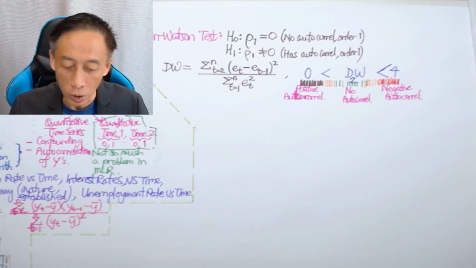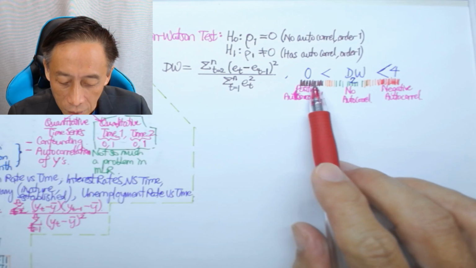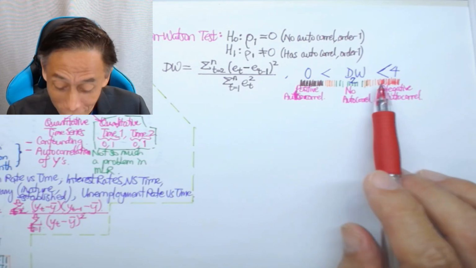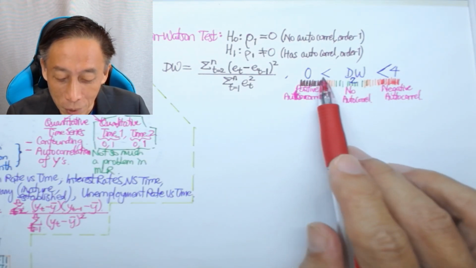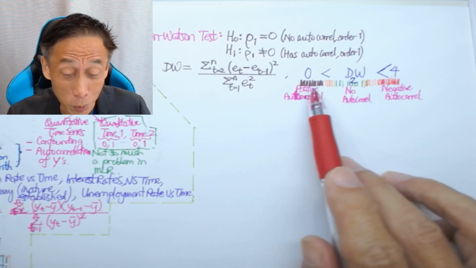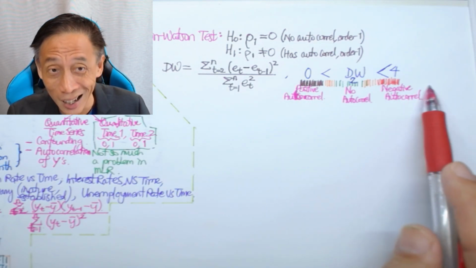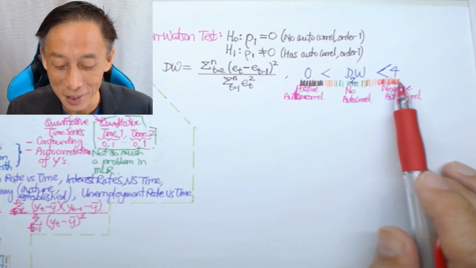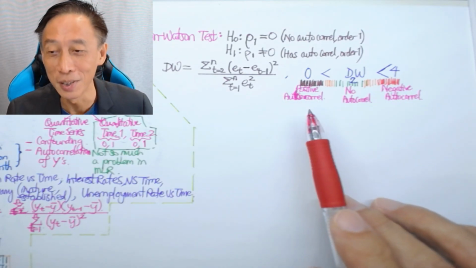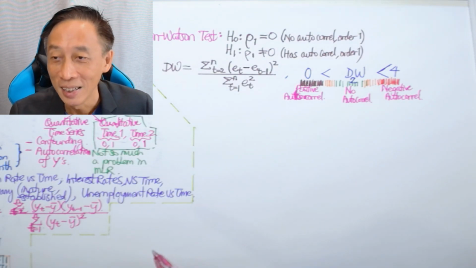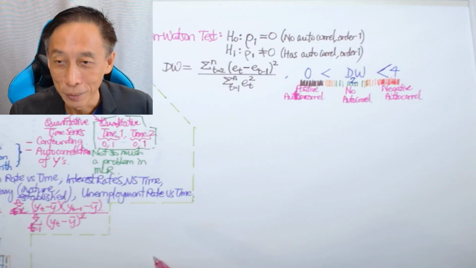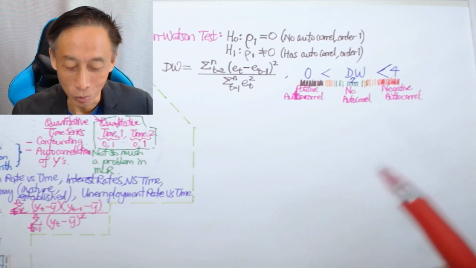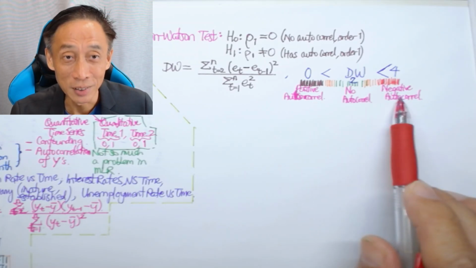Okay, and so if you're doing two tail tests, you will get four critical values. So if the Durbin-Watson test statistic falls above the highest of the four numbers, or falls below the lowest number, then you will want to conclude that there is autocorrelation.